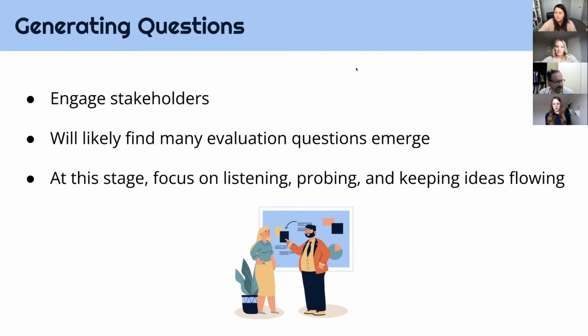And this type of activity is really useful if you don't really know where to start or nobody really knows what we want out of the evaluation. You should have your purpose statement, of course, but sometimes it's difficult to narrow down those specific points that you want to address. So you dive right into it, it gets the ideas flowing, and people can build off of other people's ideas.